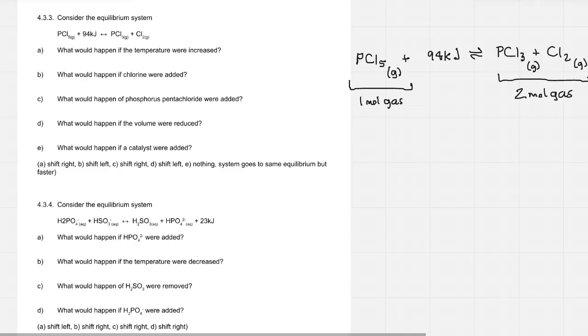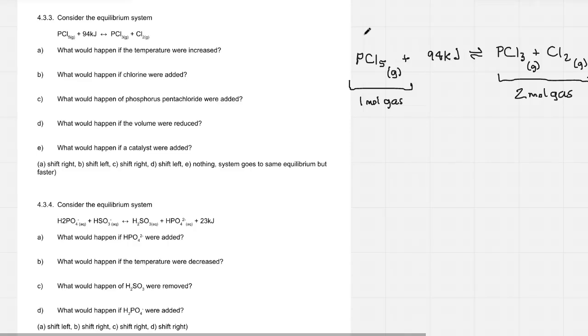In other words, the system's twice as big on its right side and it's smaller on its left side. If you're crushing the system and forcing it to pack down, it will go to its smaller side. In this case, it'll shift left. So if you crush this system and compact it down, it will go to the side with fewer moles of gas. Liquids and solids do not matter when you're doing this because they're relatively incompressible.